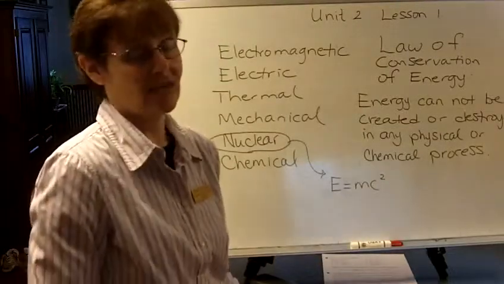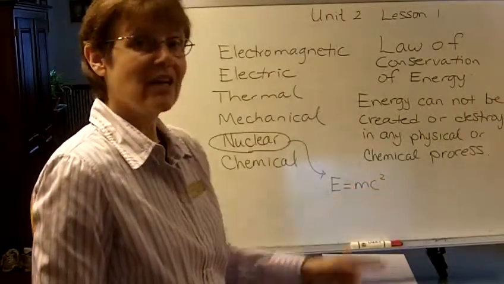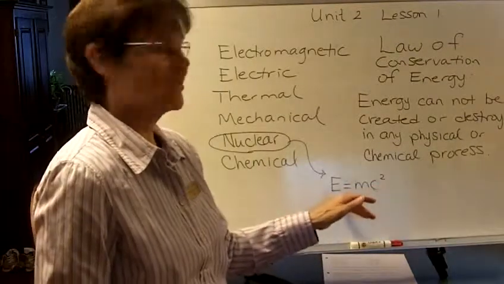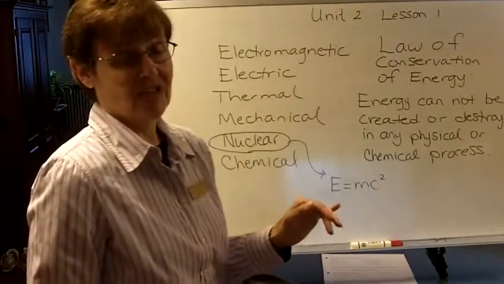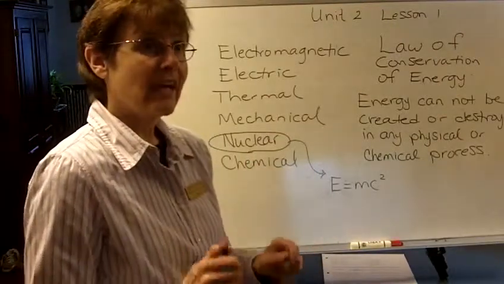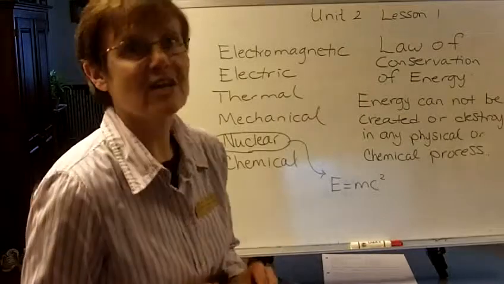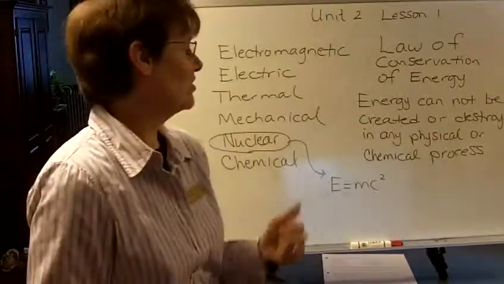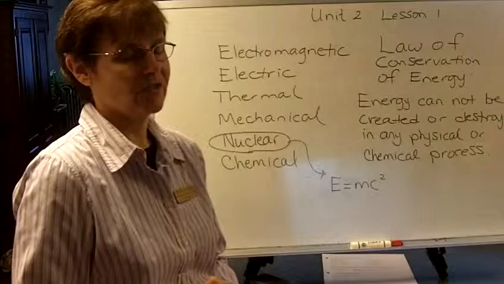The speed of light, in case you don't know, is a very large number. And then you're going to square it and make it a really, really big number and multiply it times the mass, and that gives the amount of energy that is created in a nuclear reaction. So if a tiny bit of matter gets destroyed and becomes energy, you get a lot of energy, and that's why nuclear reactions are so very powerful.